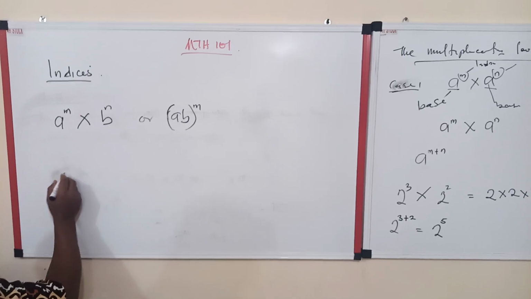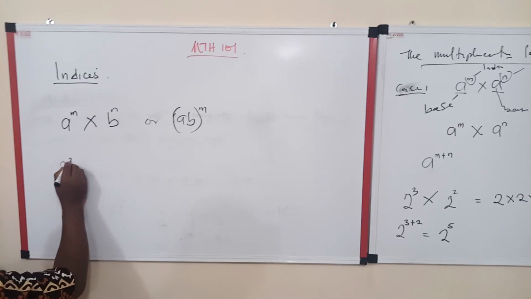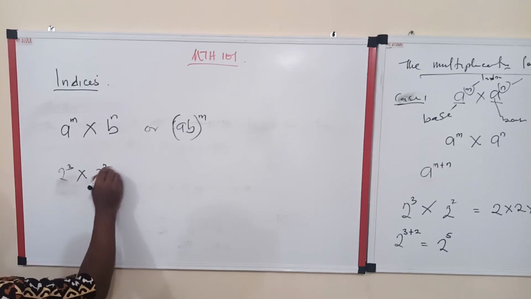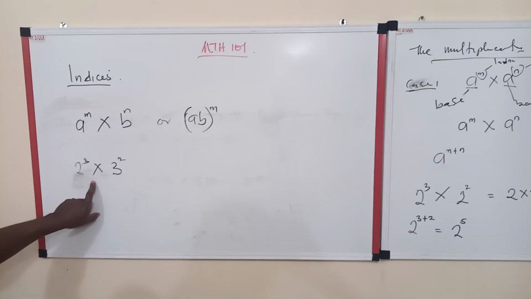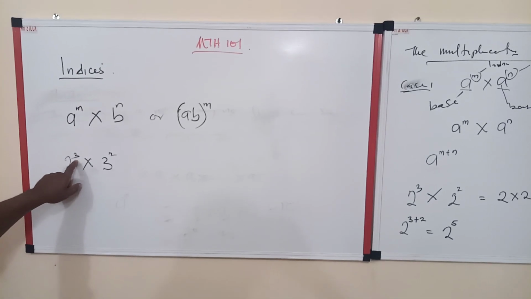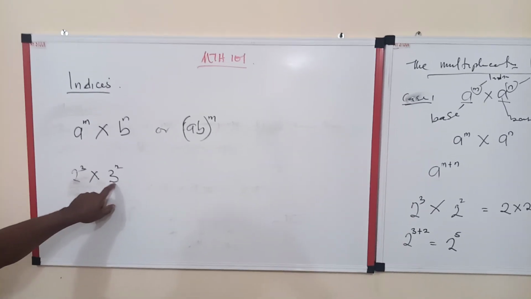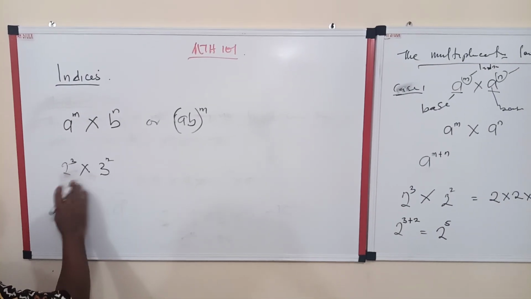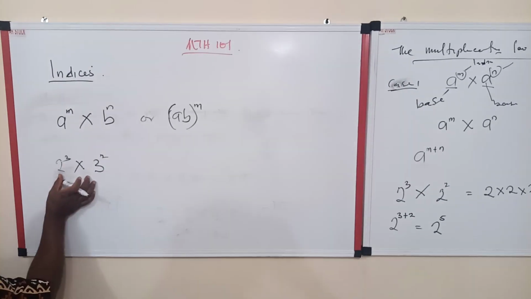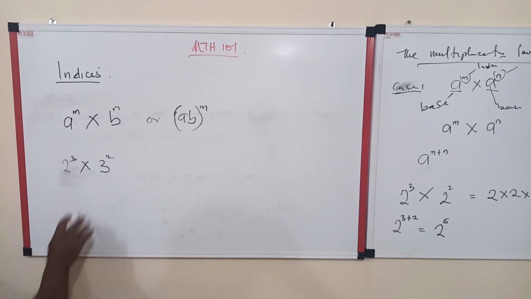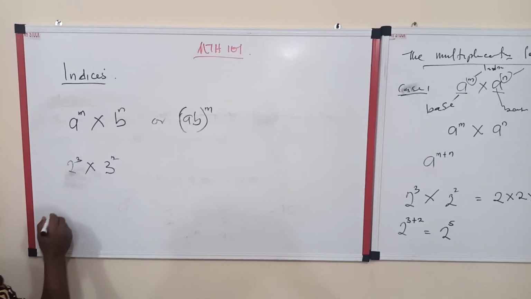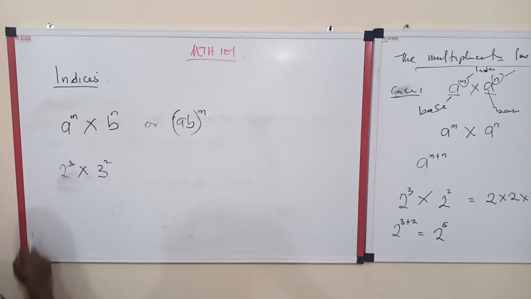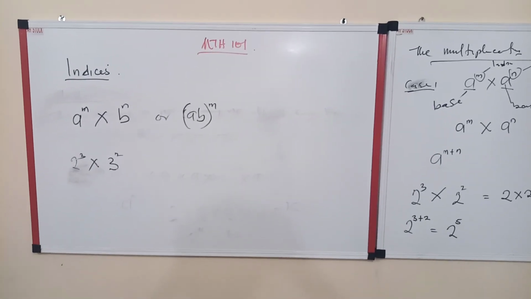For example, if you have 2 raised to power 3 times 3 raised to power 2. In this case, you can see that this is a number multiplying itself 3 times, and this is a number multiplying itself 2 times. Being that the bases are not the same, we are not going to collect one of the bases and add the powers. No. Instead, resolve this one on its own, resolve that one on its own, then bring them together.